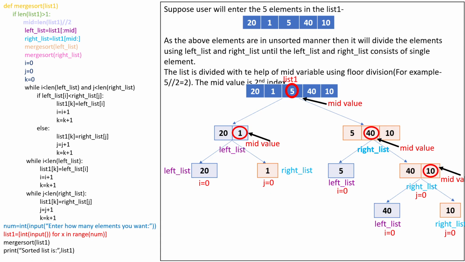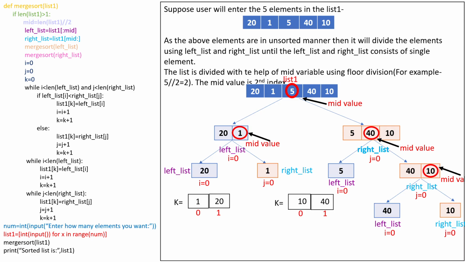Now, how will the sorted result look? In the first iteration, we merged the left list and the right list, so the merged, sorted elements are 1 and 20. Next, we merged the left list and the right list and got the merged, sorted values 10 and 40.